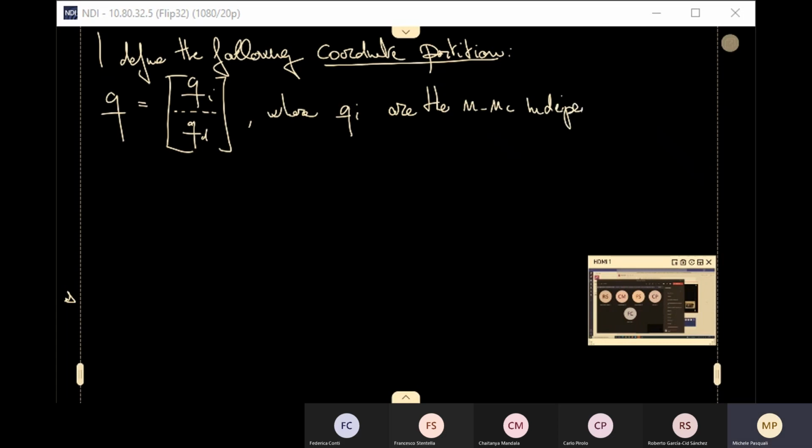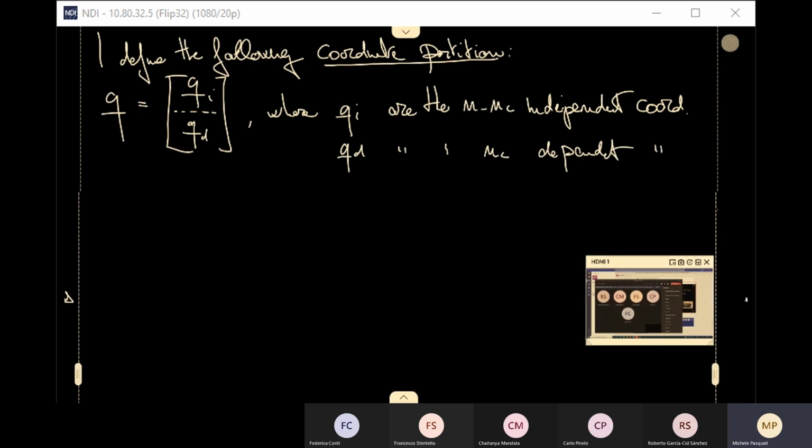Independent coordinates. And Qd are the nc dependent coordinates. Okay, I just do this.